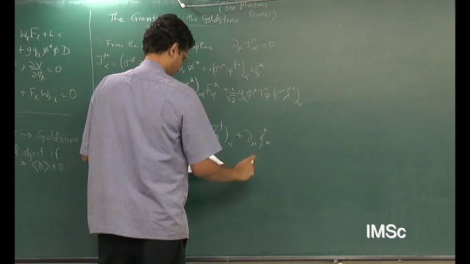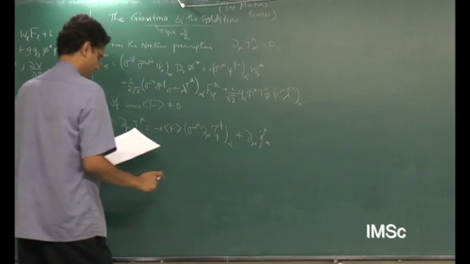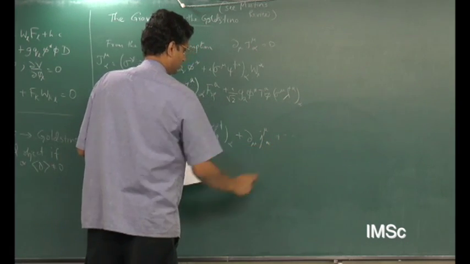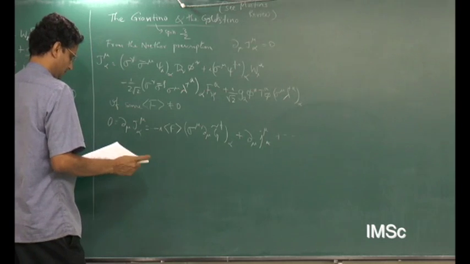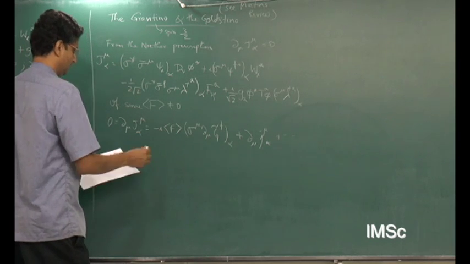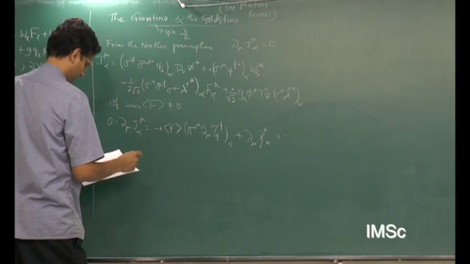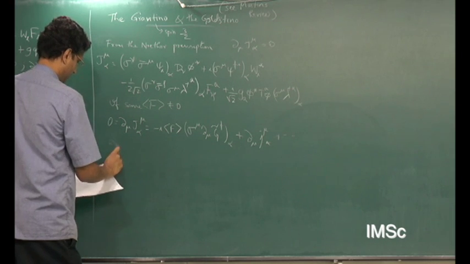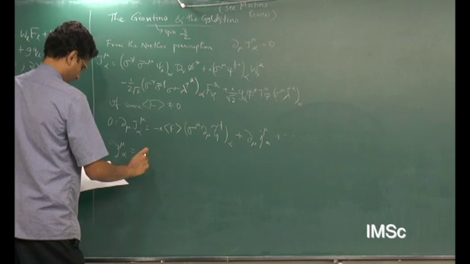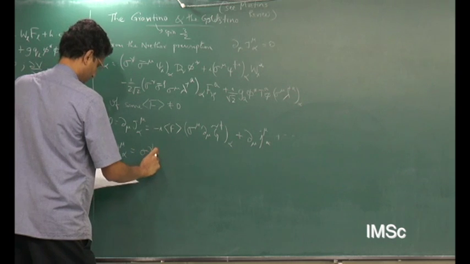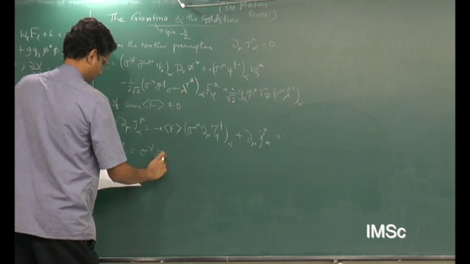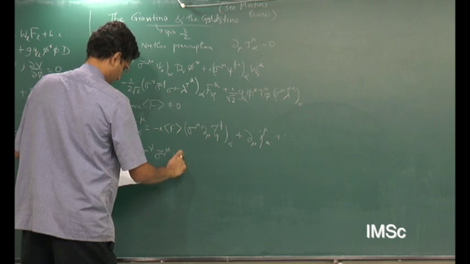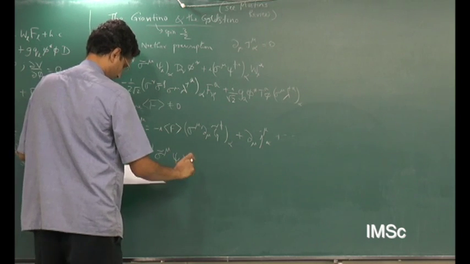And everything else you call J mu alpha, and there are other things which don't include this thing. So let me just say this J mu alpha is sigma nu, sigma bar mu, psi I alpha.